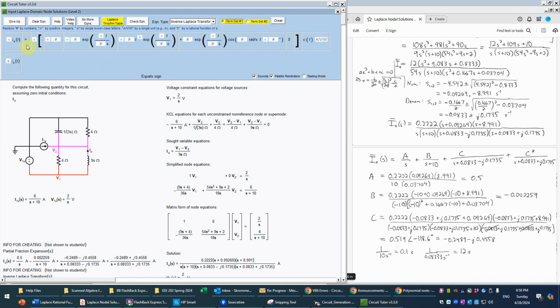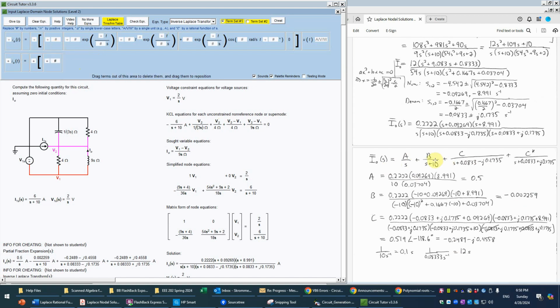Okay, so I naught of t equals, and now we're going to need to have a u of t multiplying basically everything in our final answer. So we'll enclose everything in brackets to make that easier. And then we don't have any constant term, as you see here. There's no constant. So, oh, I'm sorry. We do have a constant. We have the 0.5. Take that back. We have a constant.